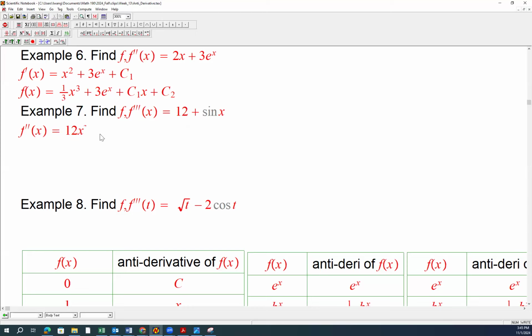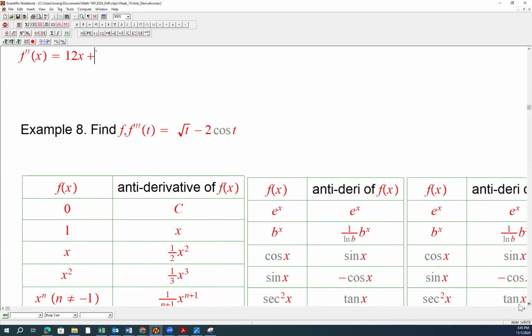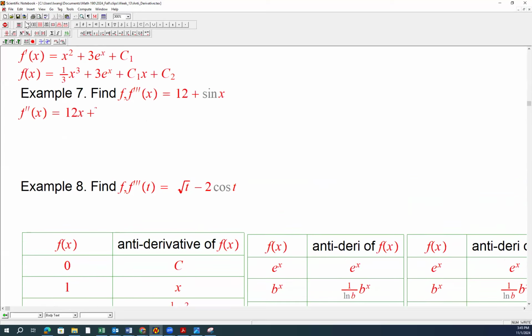The antiderivative of sine x, do we still remember? It's negative cosine. Yes, negative cosine. Okay, so if you combine the plus and minus, that's what we got, plus constant C1.